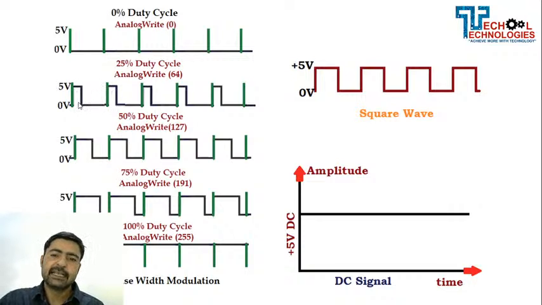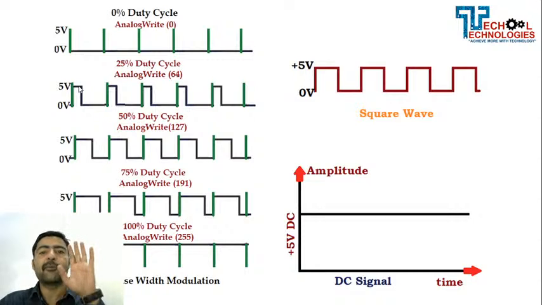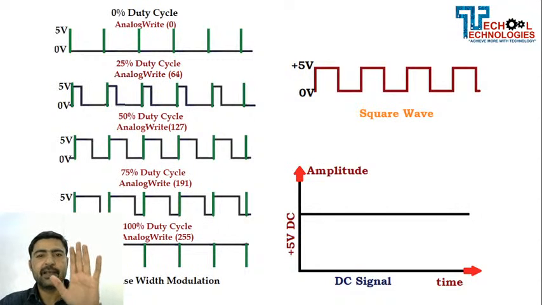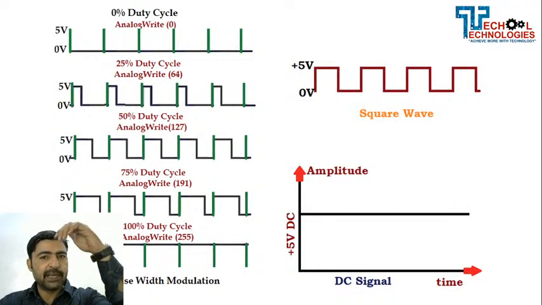Let's say the time of the pulse is 1 second. If it is 25%, then it will be high for 0.25 second only, and for 0.75 second it will remain low.